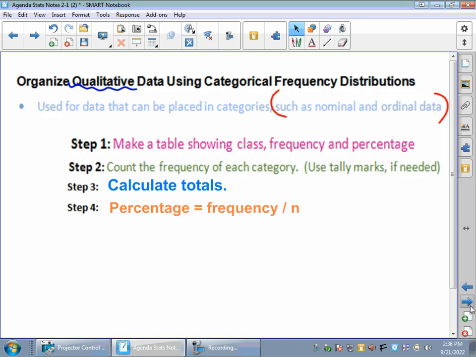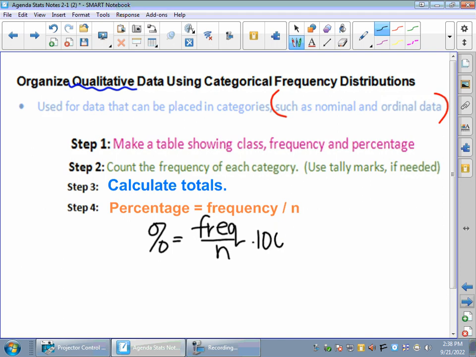When you fill in your percentage, it is the frequency over N. Perhaps you like to write it this way, frequency over N. And then, of course, if we're going to turn it into a percentage, we're going to do times 100. I should have jotted down that N equals the sample size. I just said it, but just to make sure.